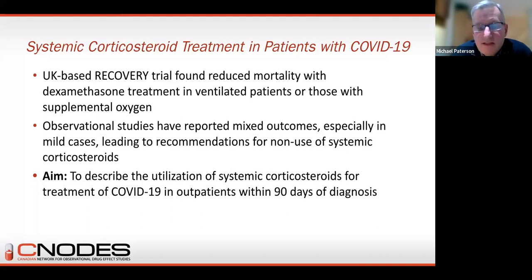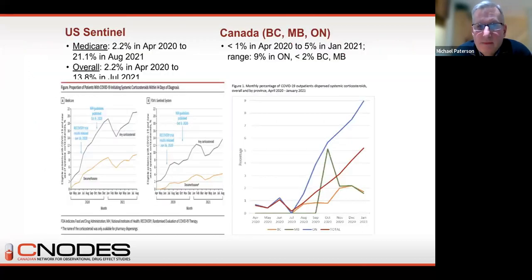Subsequent observational studies in less severe cases of COVID in the outpatient setting were not able to replicate those results. And so recommendations generally were to not prescribe steroids in outpatients in milder cases. And so the regulators were quite interested to see whether or not that advice was being taken up in the outpatient setting. Next slide, please.